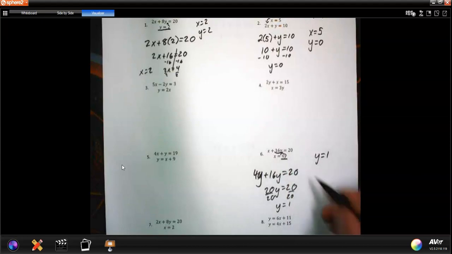So y equals 1, but we're halfway there. x equals 4 times whatever y is. Well, 4 times 1 is 4, so x equals 4.